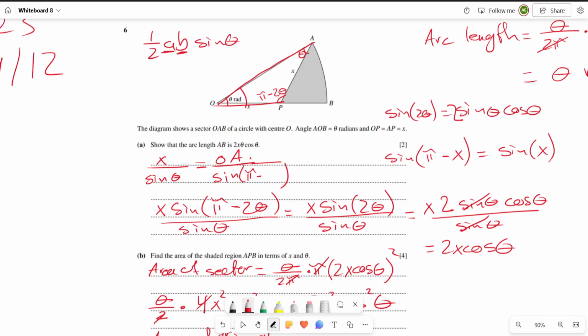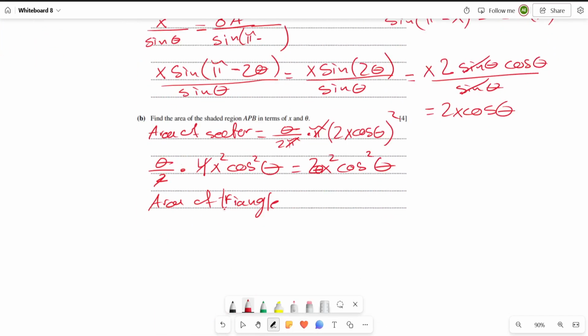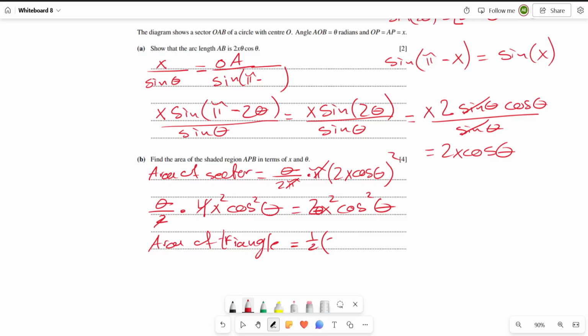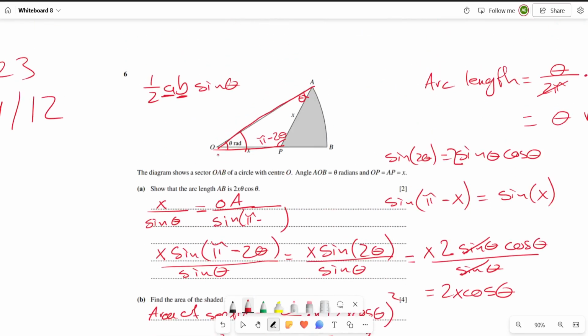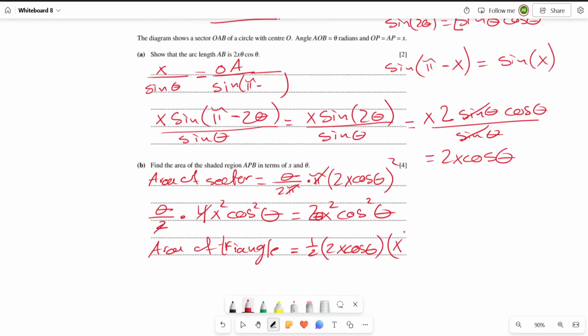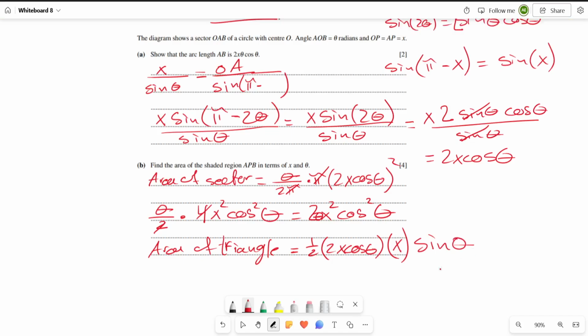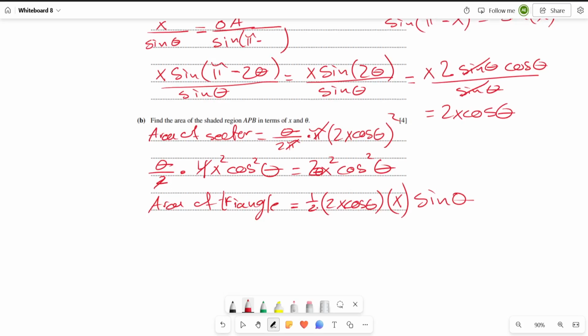So the area of the triangle is going to be half times the first side, which is OA, which I got as 2x cosine theta, multiplied by the second side, which is basically x, multiplied by sine of the angle between them, which is just theta. So let me simplify a little bit. This is going to cancel. x times x is x squared cosine theta sine theta. So this is the area of the triangle.